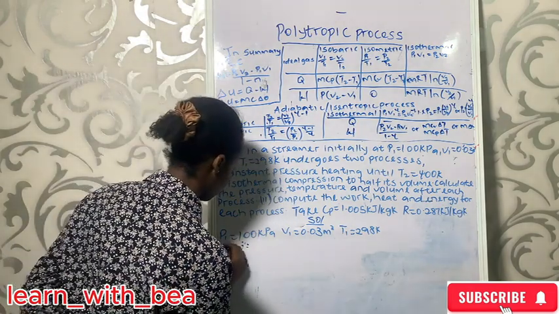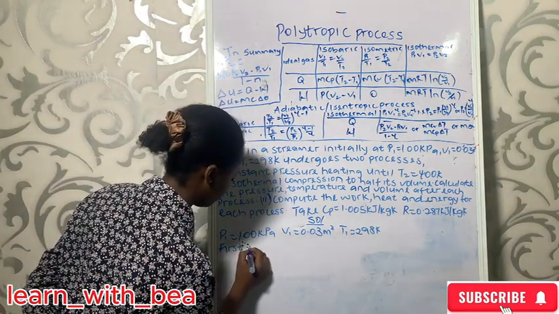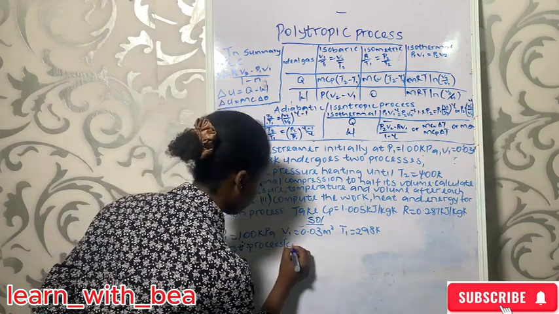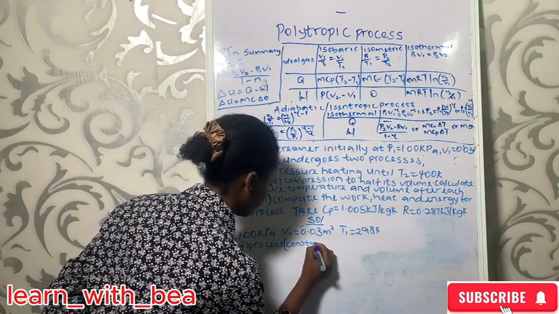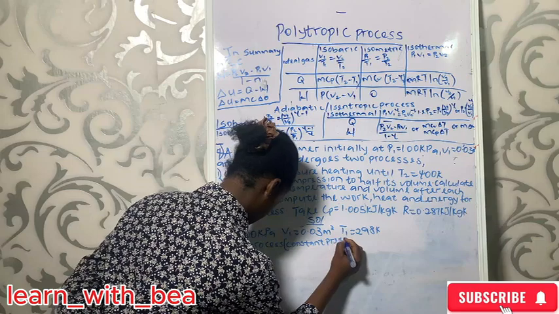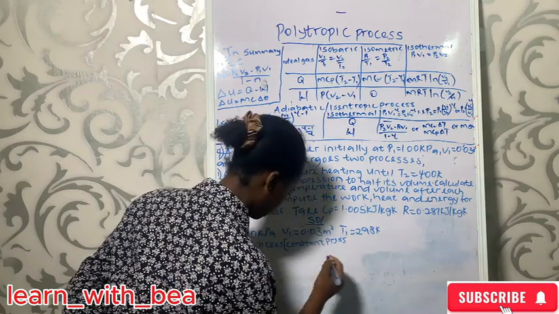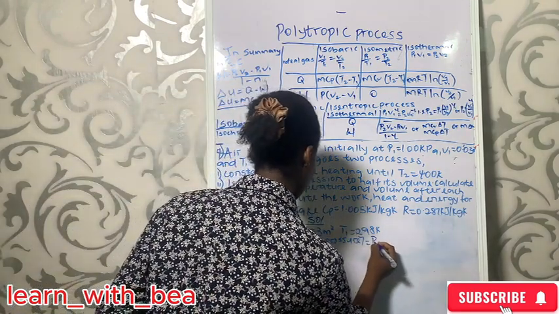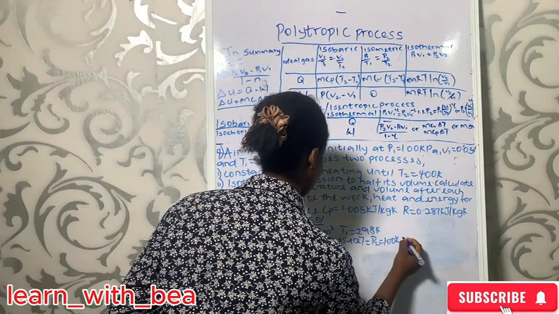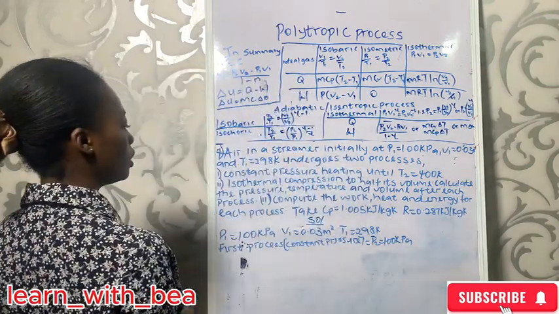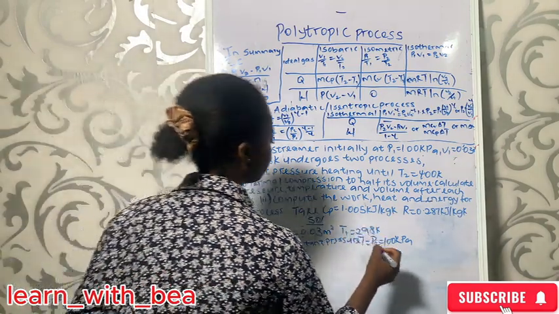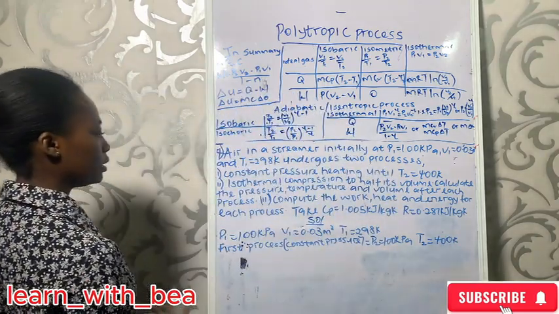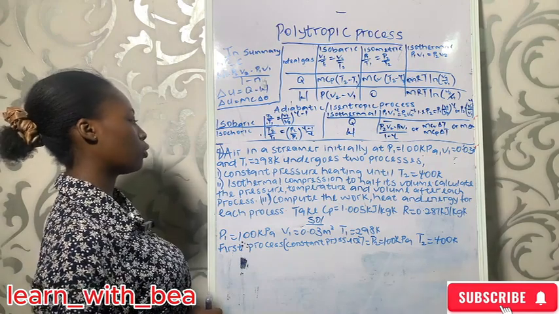So for the first process, it's a constant pressure, which means that P2 is also 100 kilopascal. That's what it means. So at constant pressure, heating until T2. So heated to T2. Then the second process is isothermal compression.